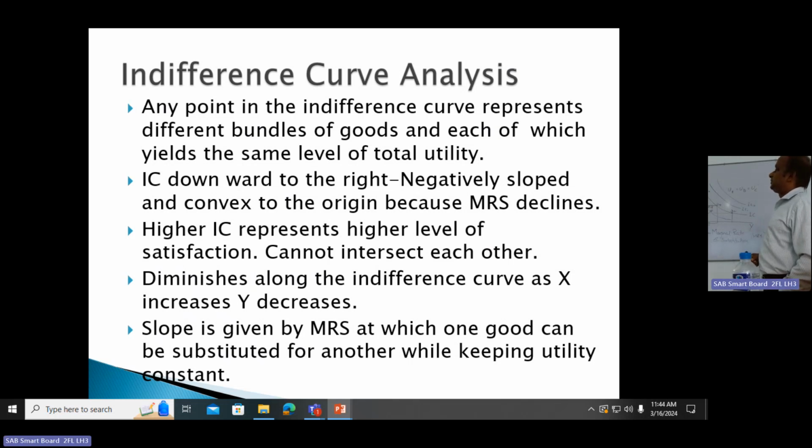One good can be substituted for another. That is the substitution between the two products, to increase or decrease on one side and the other side, keeping the same level of satisfaction. We maintain constant utility along the indifference curve.